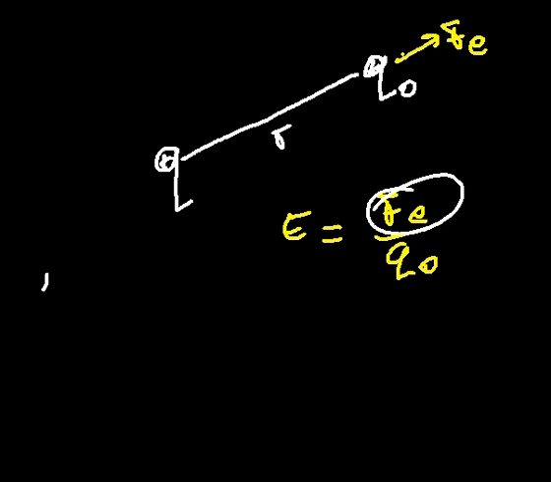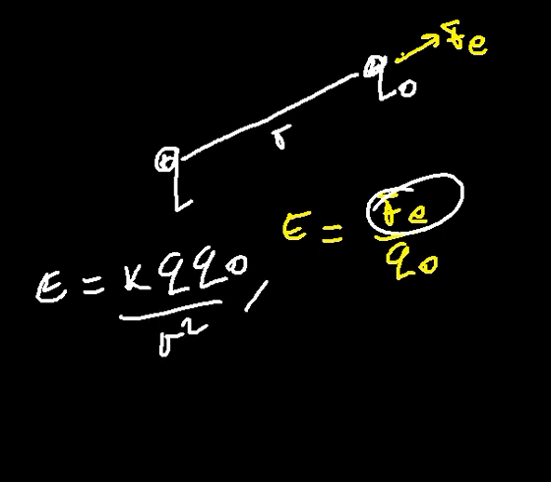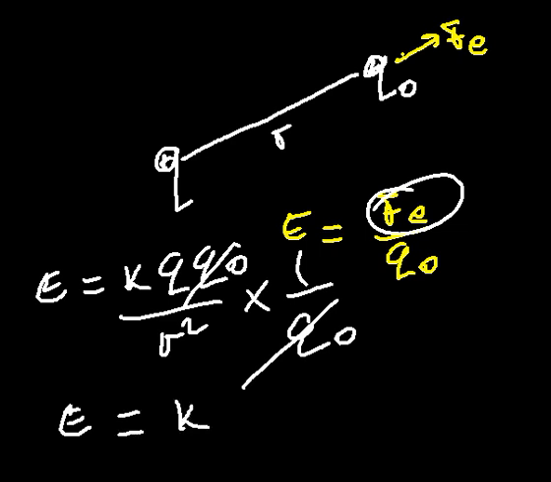Now we have the electric field given as K times the test charge times the point charge divided by r squared, times 1 over the test charge, of which this and this will cancel. We'll have the electric field given as K times the charge divided by r squared.